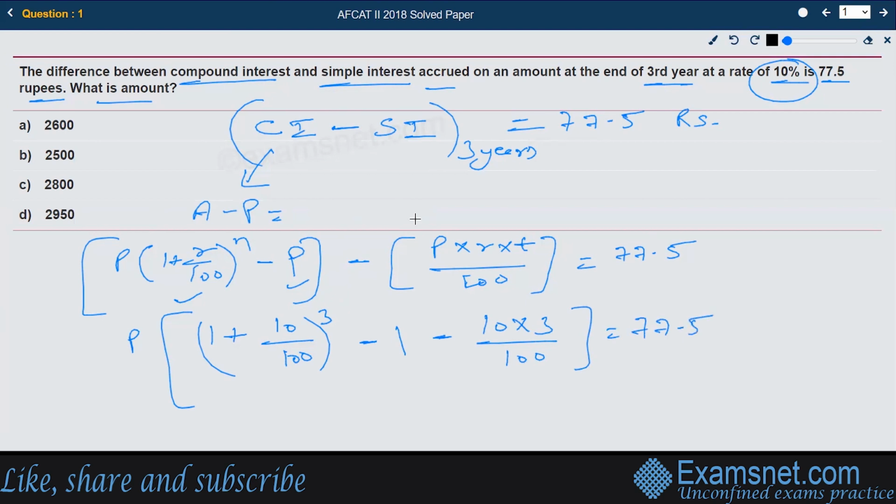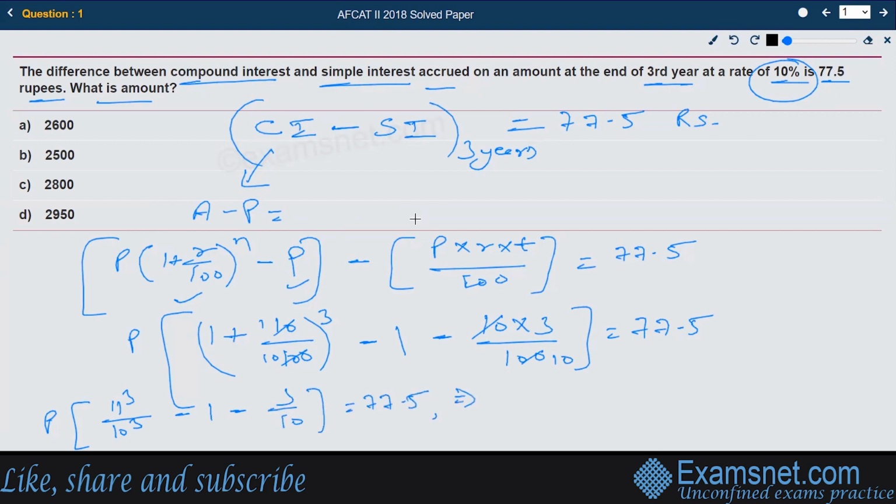If we further solve this, what are we going to get? P is still outside. 1 plus 10 over 100 is 1 plus 1 by 10, so it's 11 by 10. So 11 cube by 10 cube minus 1 minus 3 by 10 simply, because 10 cuts the 100 ten times. And that has to be 77.5 rupees.